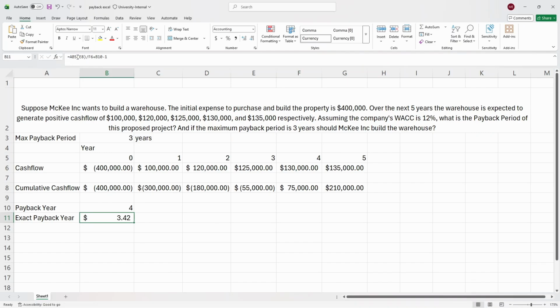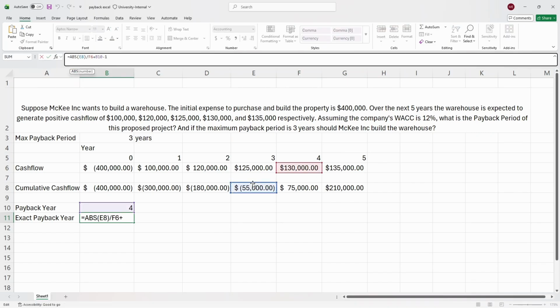Now to do that, we just take the absolute value of our cumulative amount in year 3, and then we divide it by F6, which is the amount that we are actually earning. So 55,000 divided by 130,000.